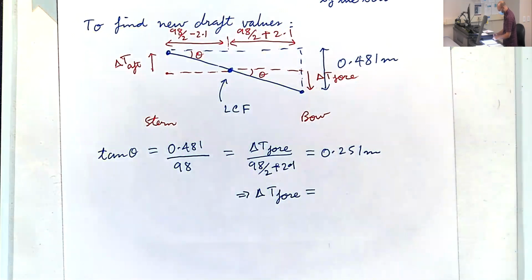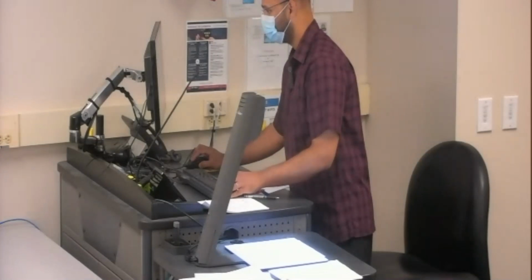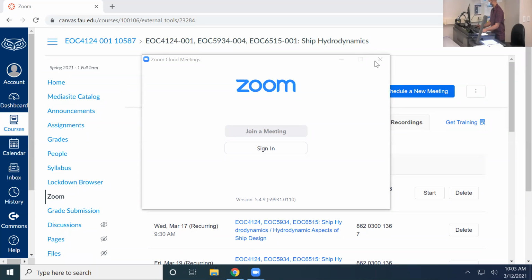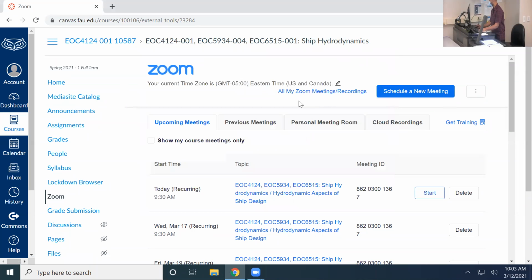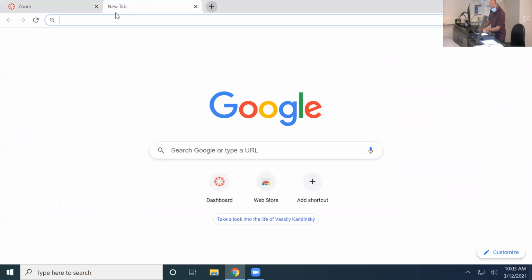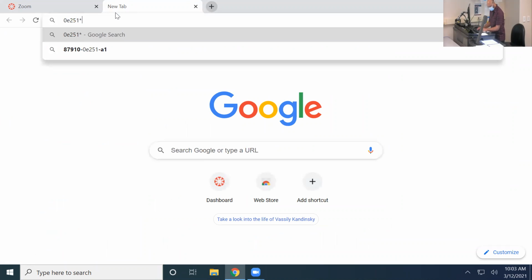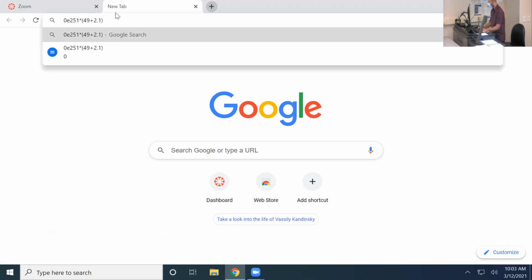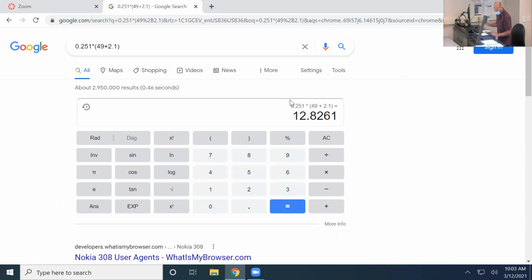Can somebody tell me what that is? It is what? 0.251 times 98 over 2 is 49 plus 2.1. 12.82. Weird.